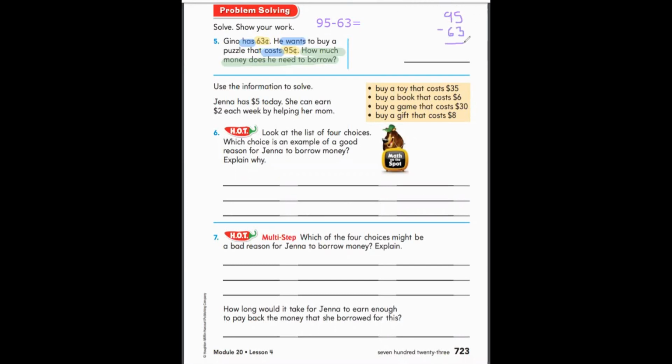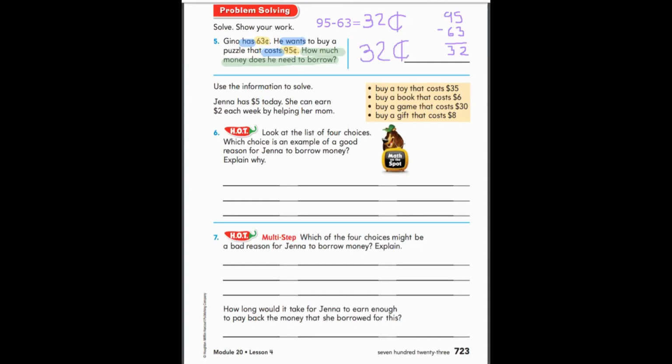Then we have 5 minus 3 is 2. 9 minus 6 is 3. So this is 32. 32 what? It's 32 cents. So the correct answer is 32 cents. Okay, next question.